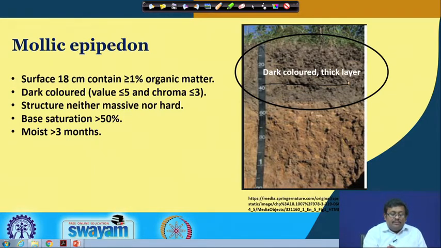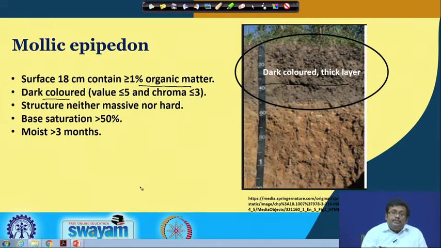It must contain more than 1% of organic matter, and it should be dark in color, and its structure, we will discuss structure in the next classes, should be neither massive nor hard, and it should have a base saturation greater than 50%. Base saturation means the dominance of basic cations like sodium, potassium, calcium and magnesium should be more than 50%.